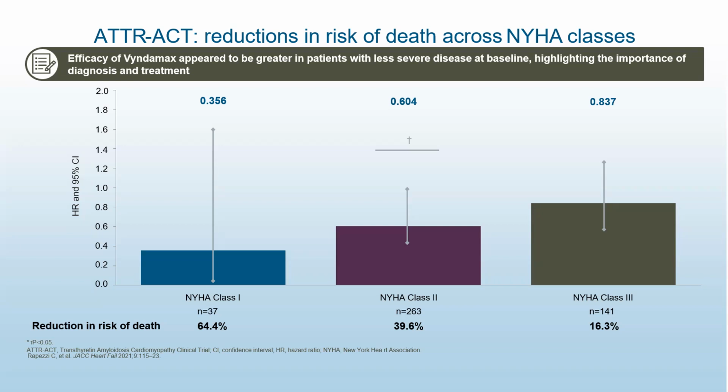This means that you can save more than 2/3 of the patients with NYHA class 1, while you can only save 1/6 of the patients in NYHA class 3. And this highlights the importance of early diagnosis and treatment in those cases.